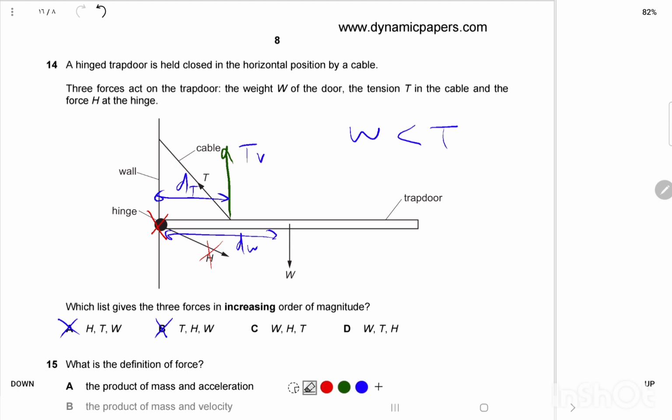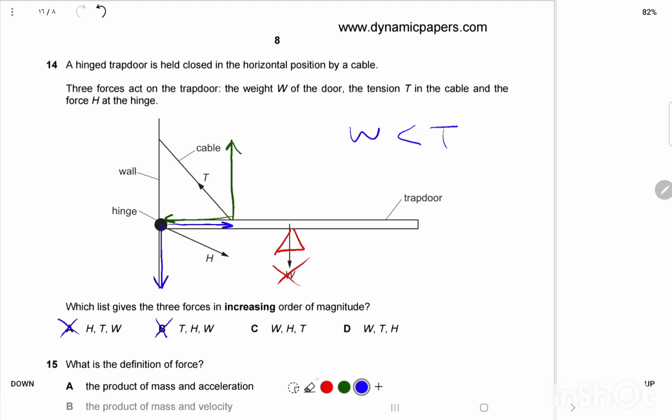Okay, now let me take another pivot in order to compare T and H. Let me consider the pivot to be here at W. In this case, W is not exerting any moment because it has distance of 0 from the pivot. Now to compare these two forces, I can take vertical component of T and horizontal component of T, and also same thing for H, horizontal and vertical components.